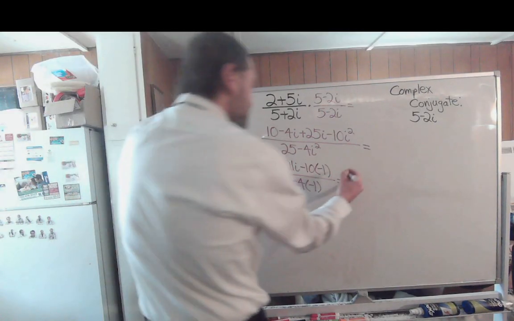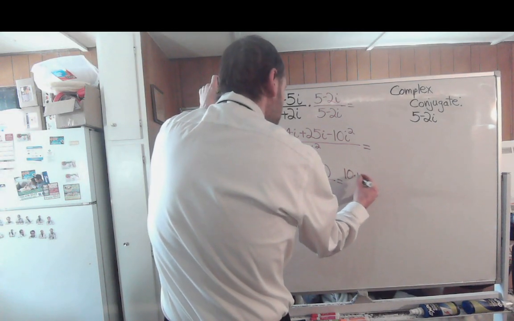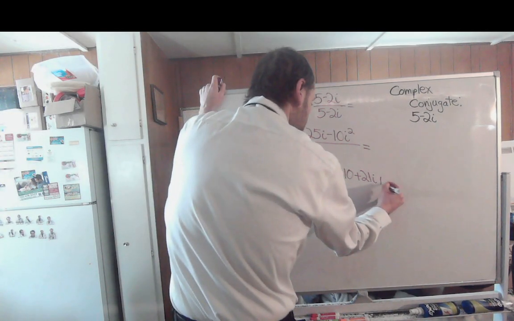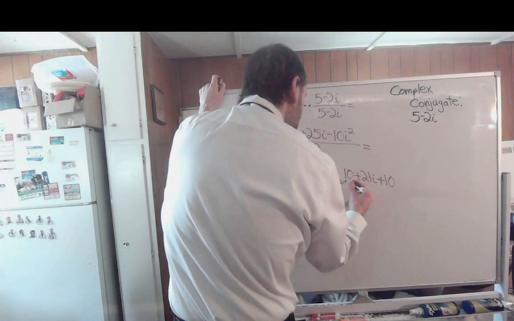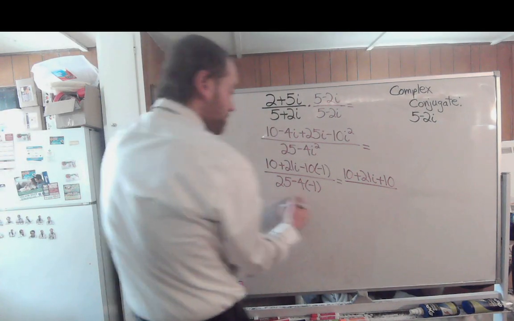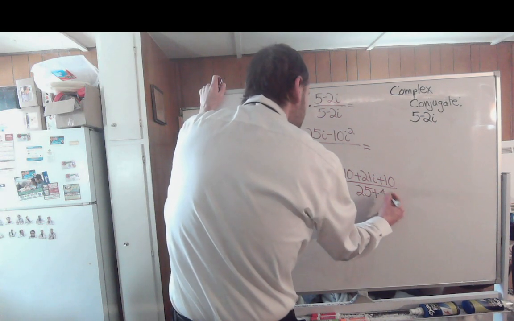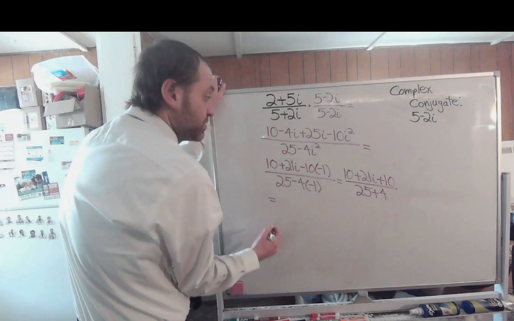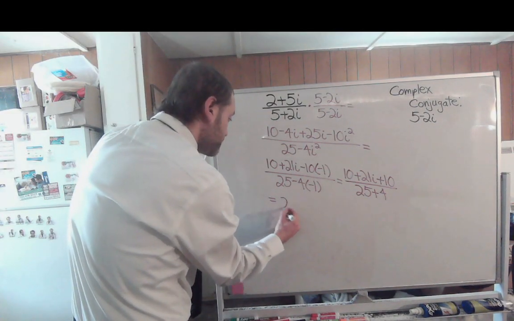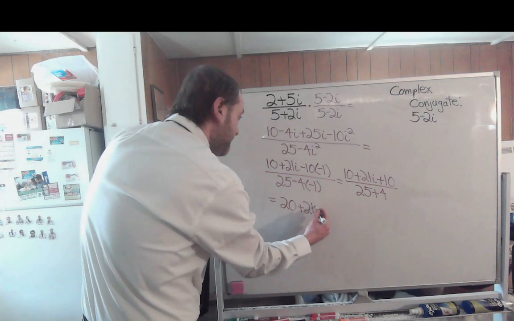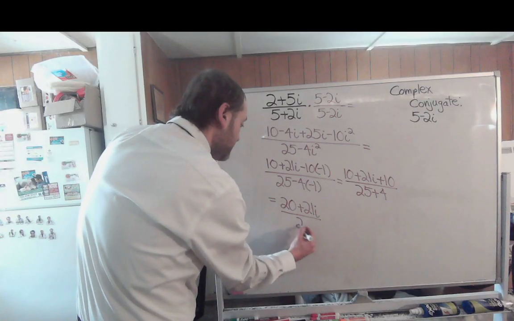So this would turn into 10 plus 21i plus 10 all over 25 plus 4. So in the numerator, 20 plus 21i over 29.